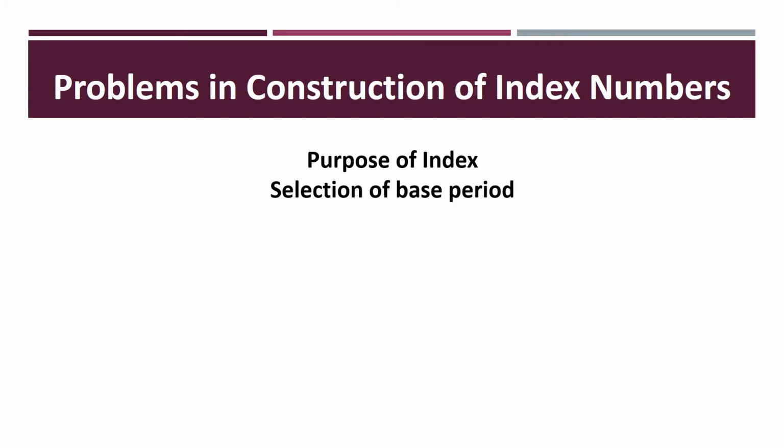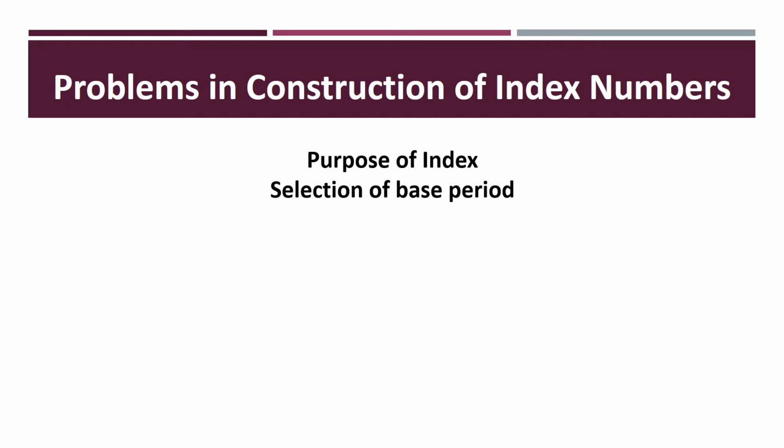And the selection of a base period is also very important in the case of an index number construction. Every index number must have a base period. The base period means the time period with which the comparison of relative changes are made. It may be a year or a month, or it can also be a day.